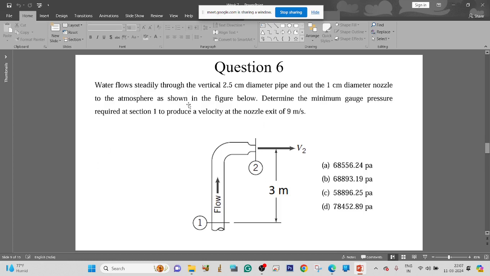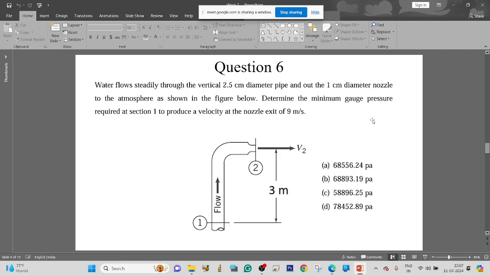So, water is flowing through this nozzle, right? First of all, it is passing through the pipe, and then it is flowing through the nozzle. So, the diameter of the pipe is 2.5 centimeter, and nozzle is 1 centimeter. Obviously, the velocity will be increasing at the nozzle. So, at the nozzle, the velocity is 9 meter per second.